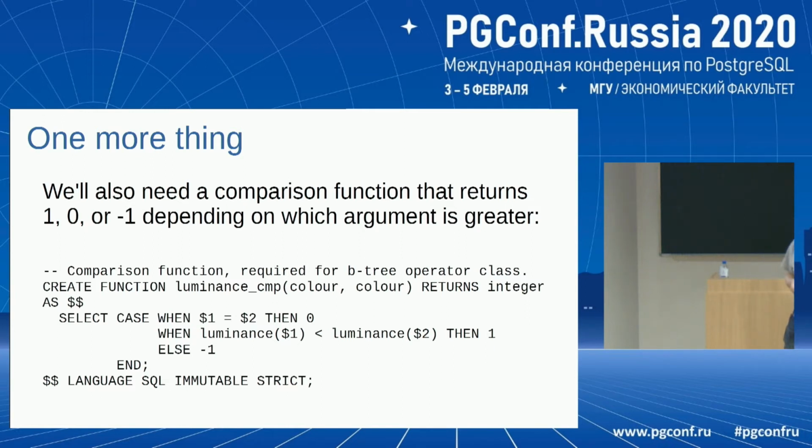The slide represents values for 0, 1, and -1. What if two colors have the same luminance? How is it resolved here? It's the probability that two different colors will have the same luminance.